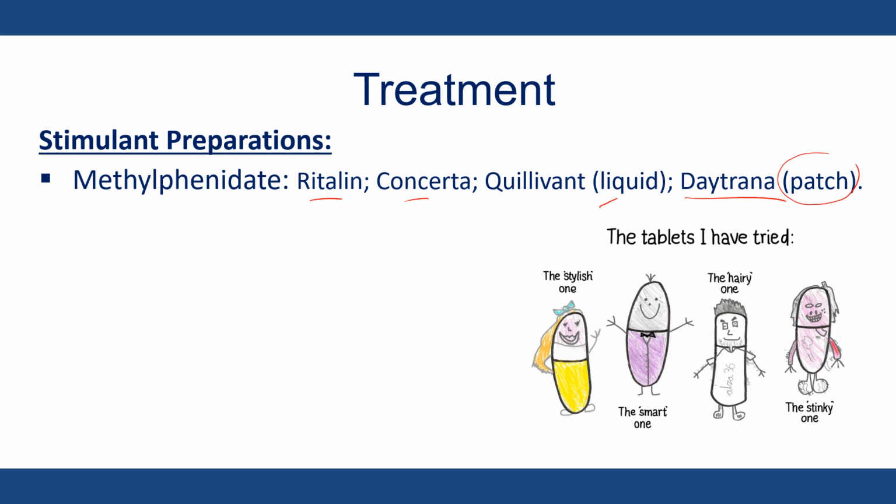Let's say the child has already done his homework in the evening, child just wants to rest or go to bed, but if the patient was on, let's say, Concerta, the medication still is going to be in the system, because that comes in a PO. But the child can actually remove the patch in the evening so that the child can go to bed, because remember, one of the side effects is insomnia. So think of sympathetic nervous system drive.